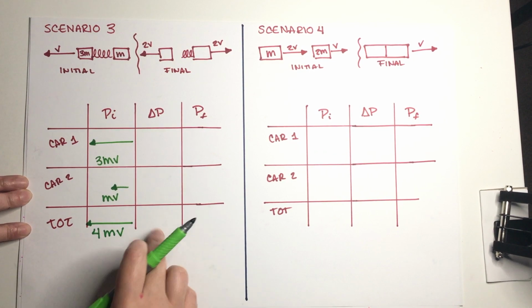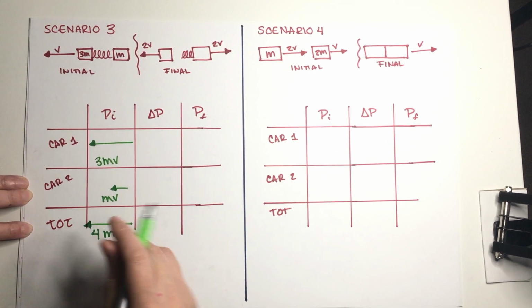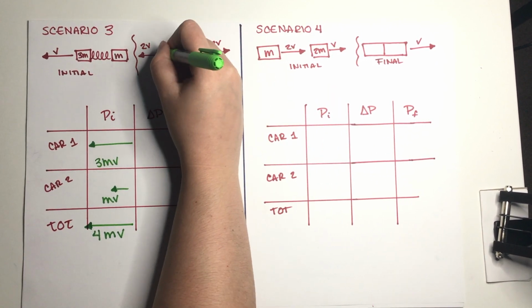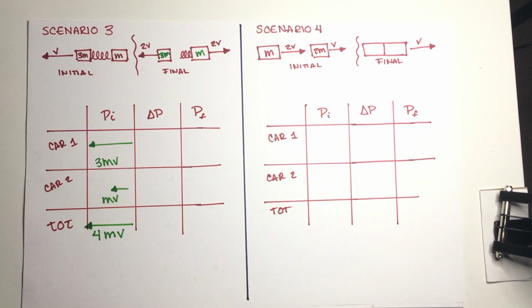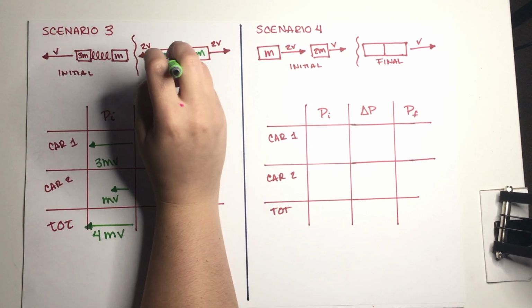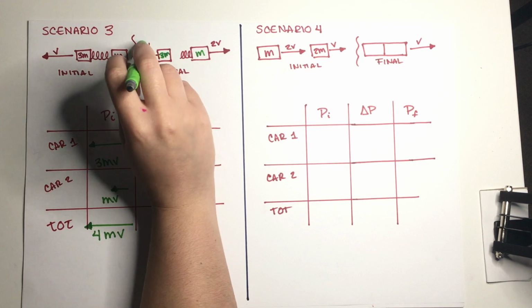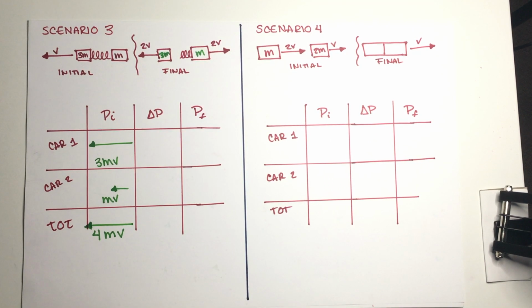Now this is what we want to figure out, but we do have the final situation, so let's see. This is mass m, this is the one 3m, like this. So this one over here, the first cart, the one that's 3m, is now moving at twice the velocity, so 2v.